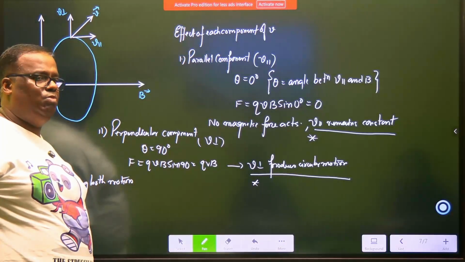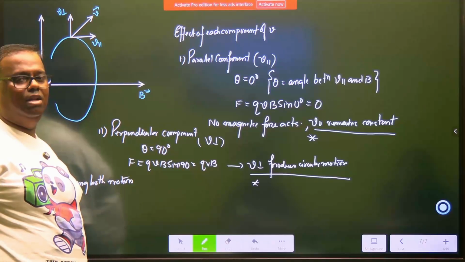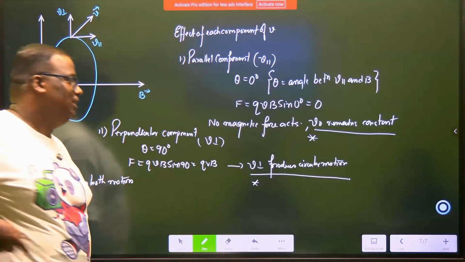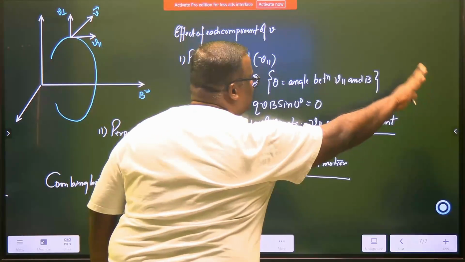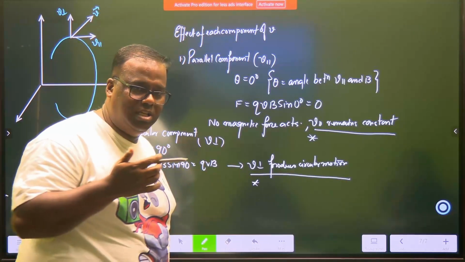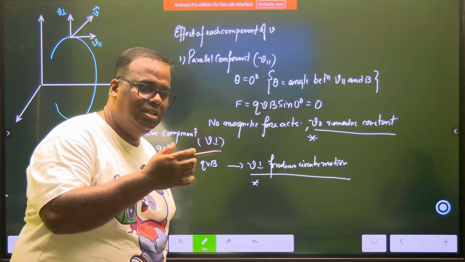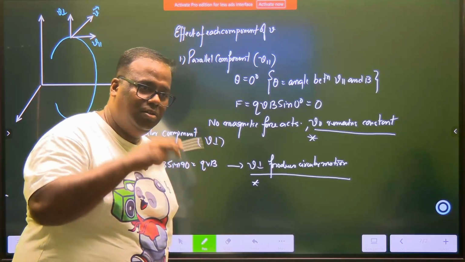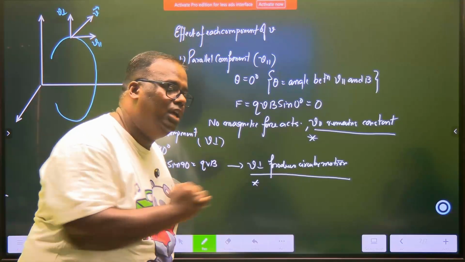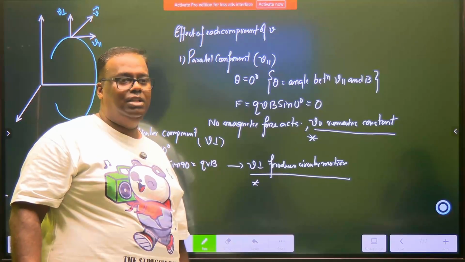What will be the shape of the motion? Spiral or helical. One component of the velocity is constant, so there's a horizontal displacement and a perpendicular displacement at 90 degrees, and you are rotating.